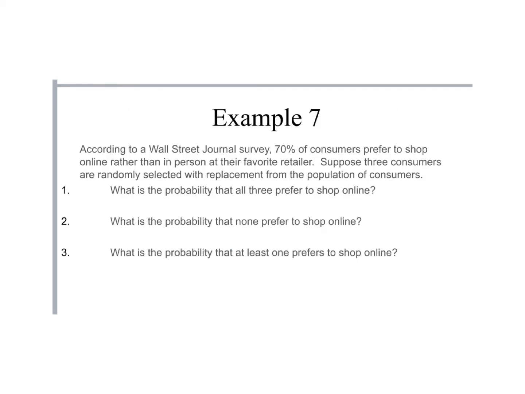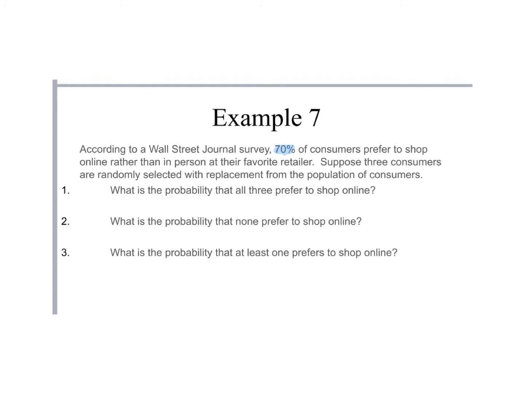Okay, here's example 7. According to a Wall Street Journal survey, 70% of consumers prefer to shop online rather than in person at their favorite retailer. Suppose 3 customers are randomly selected with replacement from the population of consumers. So first question is asking, what is the probability that all 3 prefer to shop online? Well, are these independent?